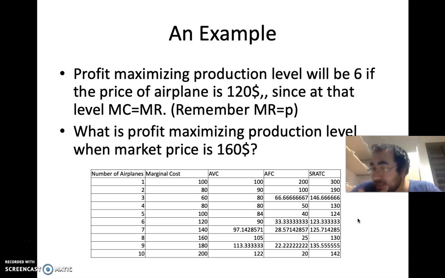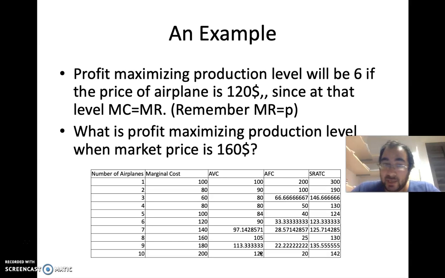But in that case, the level is still a profit maximizing level, or it could also be called a loss minimizing level. So if you produce 4 units or 6 units, you will get an even higher loss.